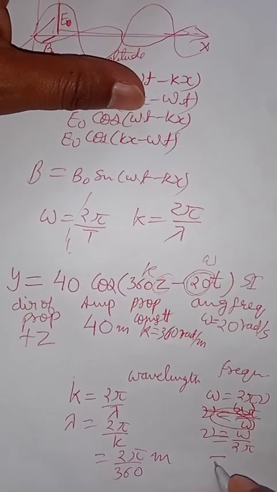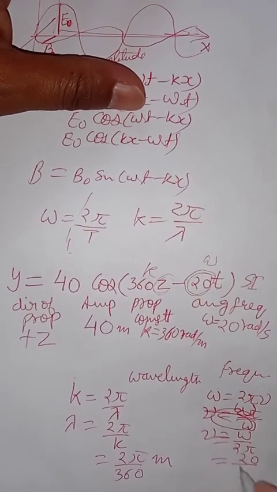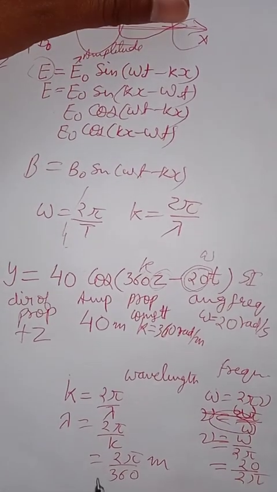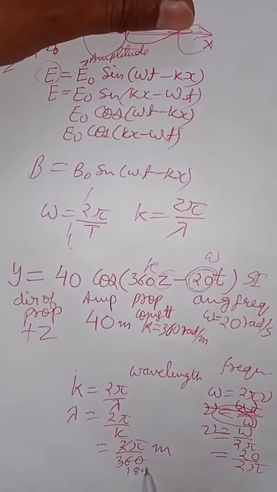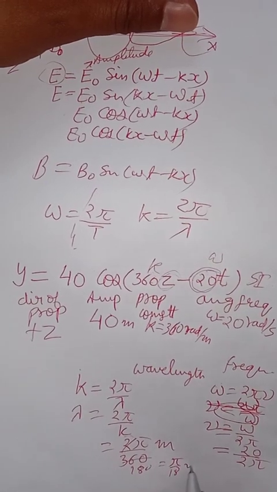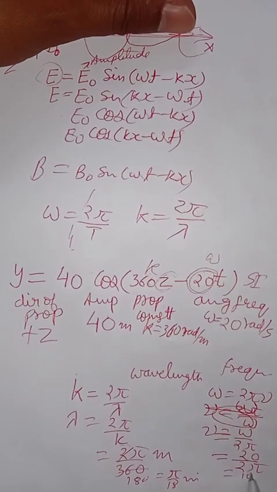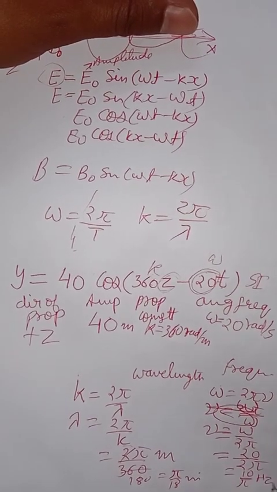And omega is 20 upon 2 pi. You can solve it, or up to a certain level, like this, 180. So lambda is pi by 180 meter, and here nu is 10 by pi hertz. That's all.